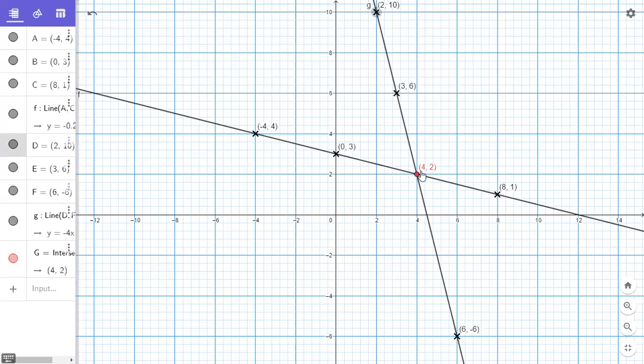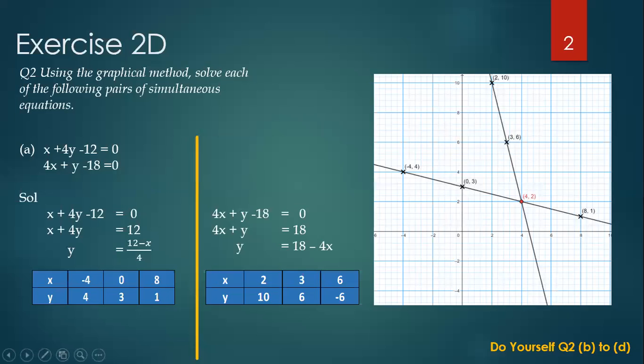This is the coordinate, and we call this the solution set. So this is a graph paper. The graphs intersect at the point 4, 2. So the solution set is x equals 4 and y equals 2.